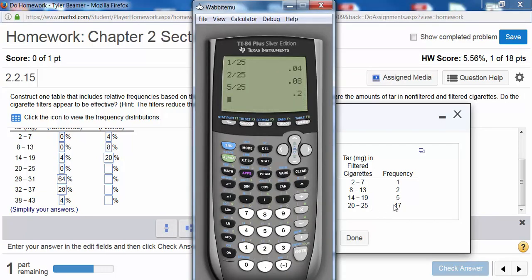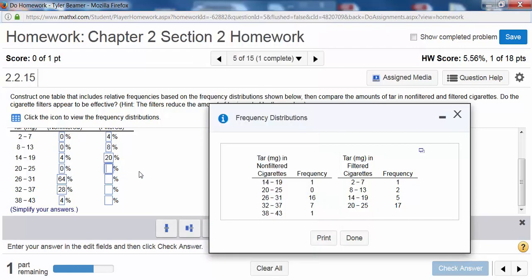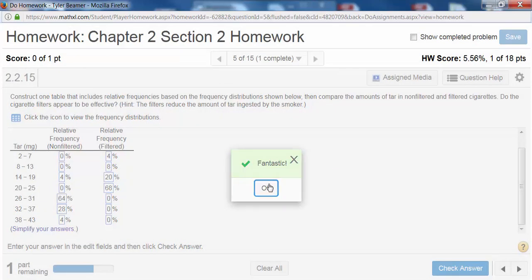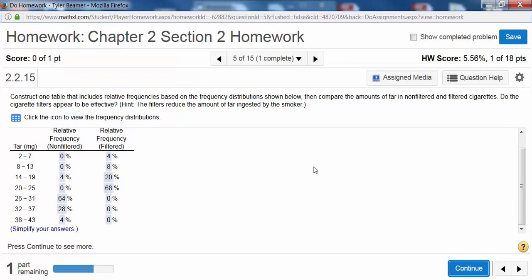The 20 to 25 class has 17 data points in it. So 68%. And then notice we do not have any data points in these classes here. So then these would all be 0. So let's check our answer. Okay. So that's how we get the relative frequency.